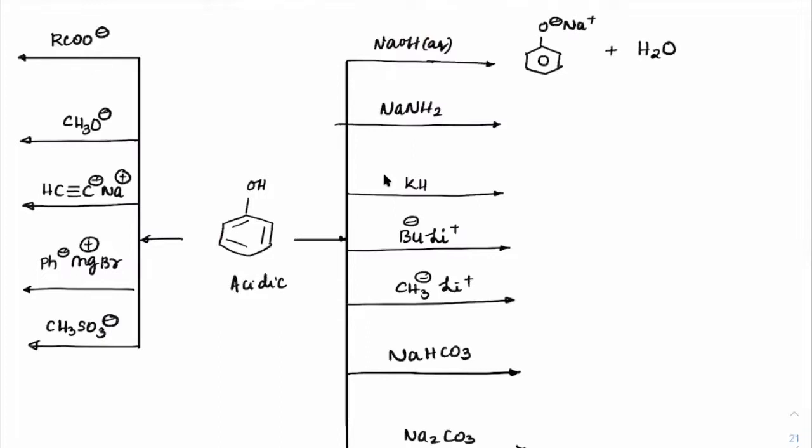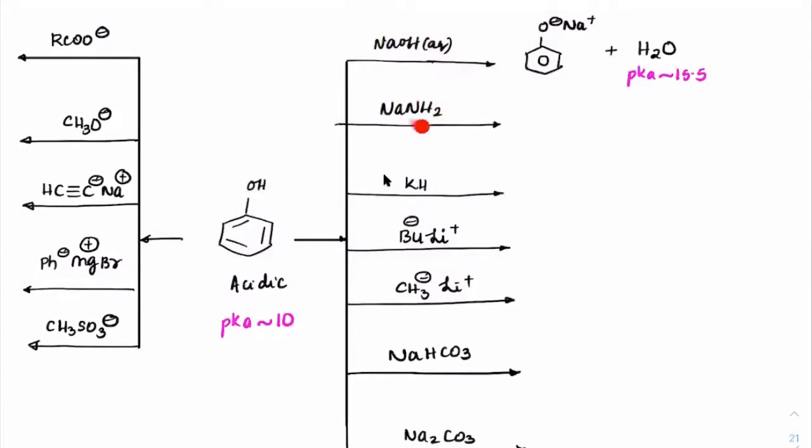Whether this reaction will proceed forward depends upon their pK values. The pK value of phenol is approximately 10 here, while the pK value of water is around 15.5. Yesterday we learned that a reaction is more favorable in the forward direction if it starts from a low pK value towards a high pK value. So yes, this reaction is definitely feasible and will be more in the forward direction.